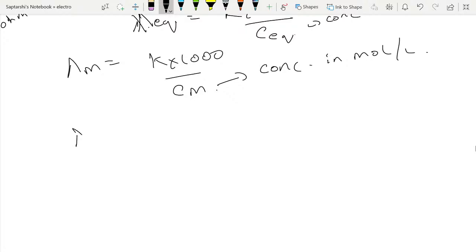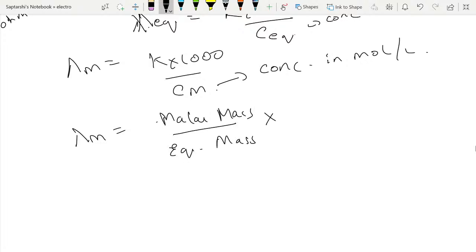And the relation between molar conductance and equivalent conductance is that molar conductance is equal to molar mass by equivalent mass into equivalent conductance.